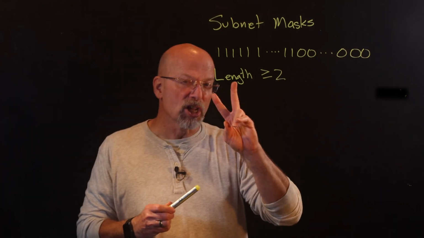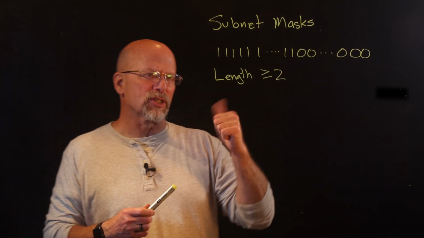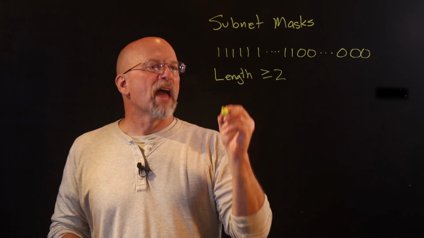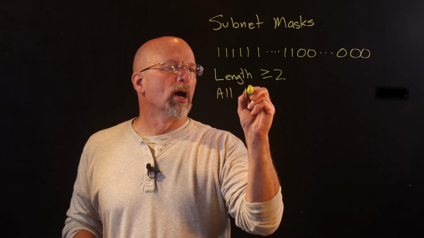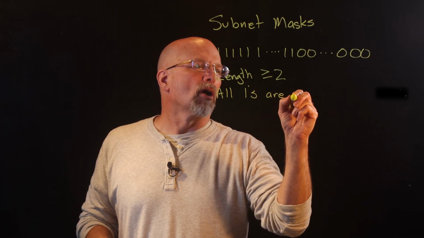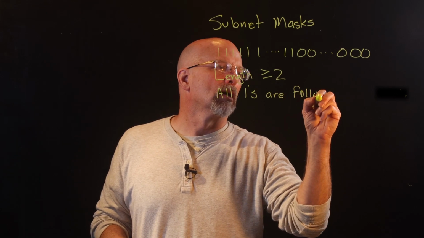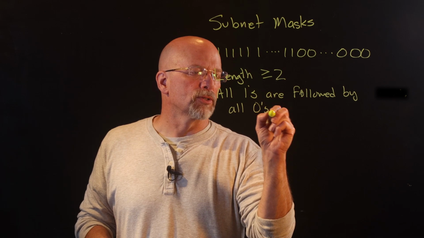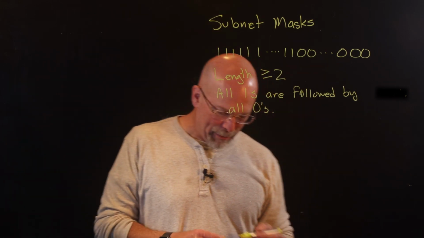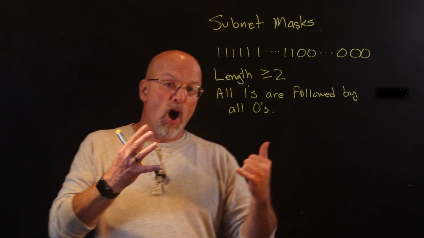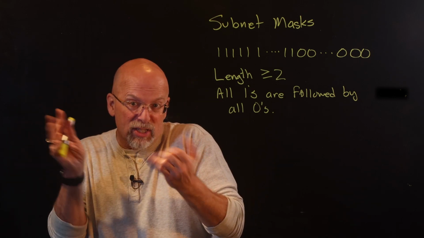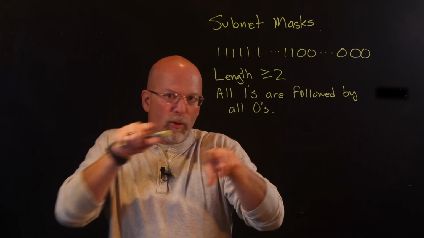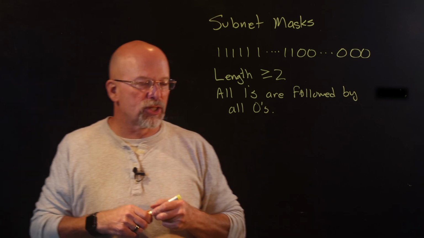So it has to have at least 2 binary characters, either a 0 or a 1. And that all 1s are followed by all 0s. In other words, the binary mask is always going to look like 1s to the left and 0s to the right. There will be no mixing of 1s and 0s.